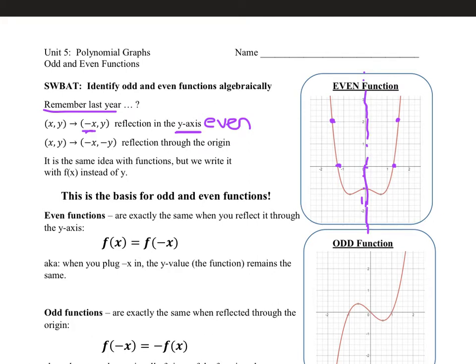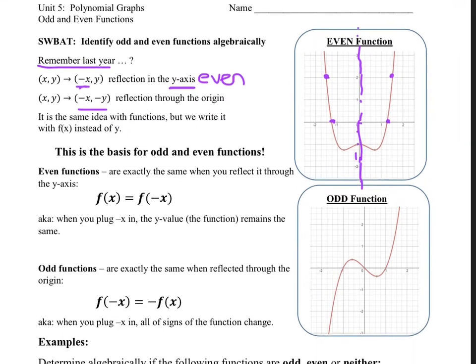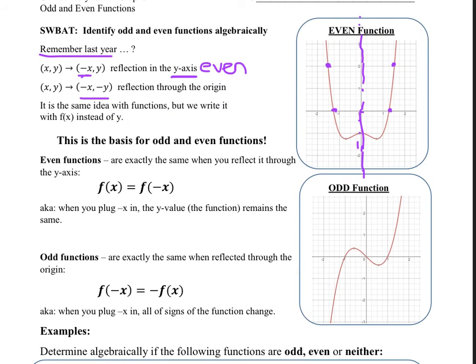If you remember from last year when you reflect something through the origin, for this one, this point over here would wind up at this point over here. We won't go through the basis of the slope and how it's the same and all that. But the basic idea is both x and y are changed, meaning the sign for both of them is changed.